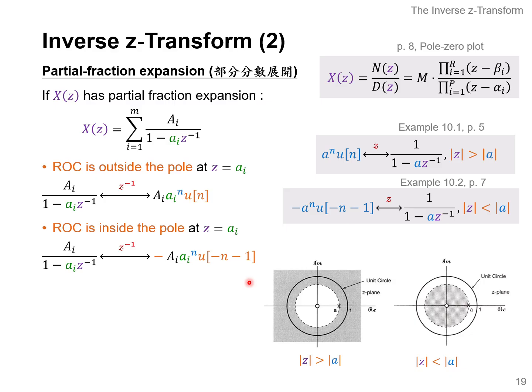So the terms big Ai and small ai come from the partial fraction expansion. The step functions show whether the signal lives on the positive side or the negative side of time. The ROC tells us if each piece is right-sided or left-sided based on the location of the shaded region relative to the pole.